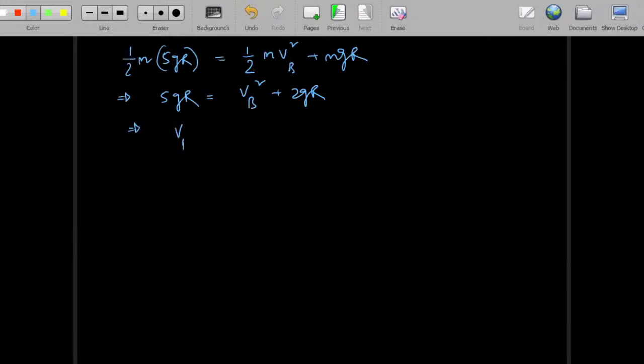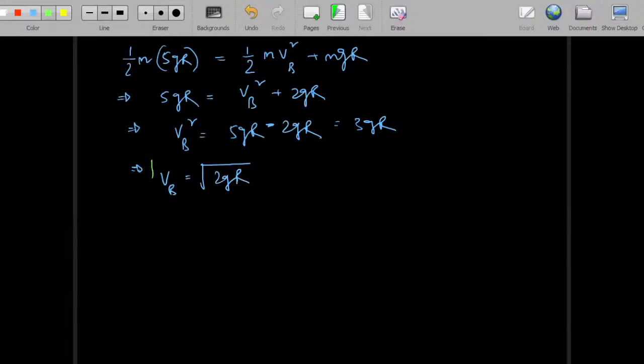That will be v_B square is equal to 5gr minus 2gr is equal to 3gr. So what is the velocity at point B you are getting? That you are getting root under of 3gr. Clear?